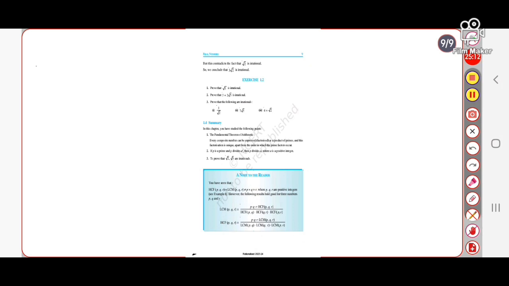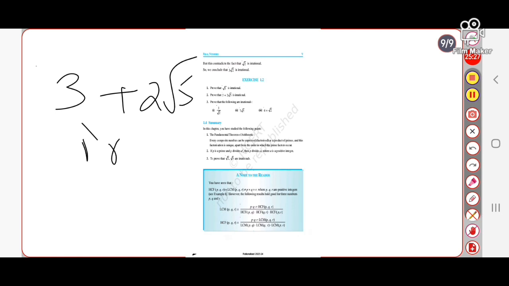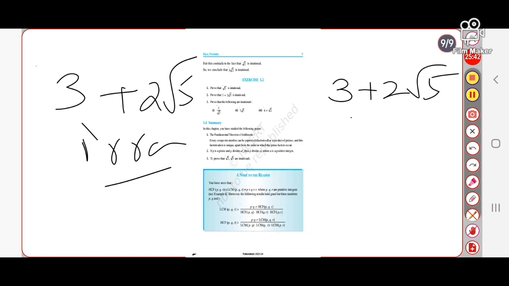Okay, now let's see how to move to the next step in proving 3 plus 2 root 5 to be irrational. Now the same step: we are assuming 3 plus 2 root 5 to be rational.